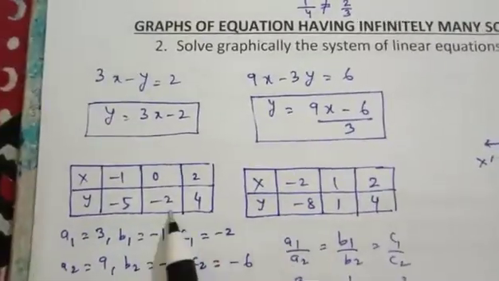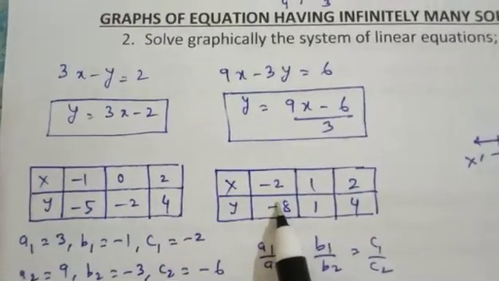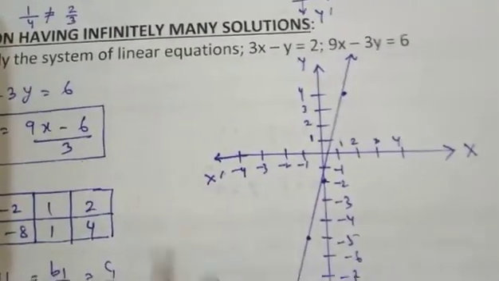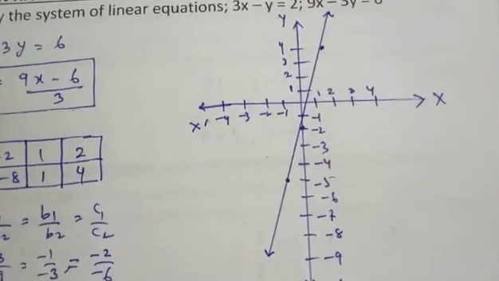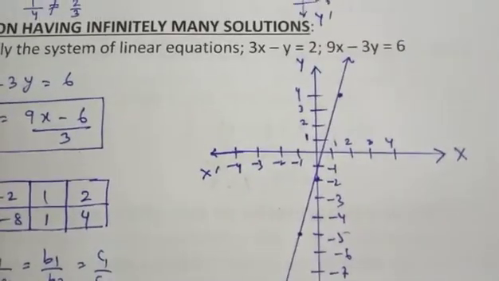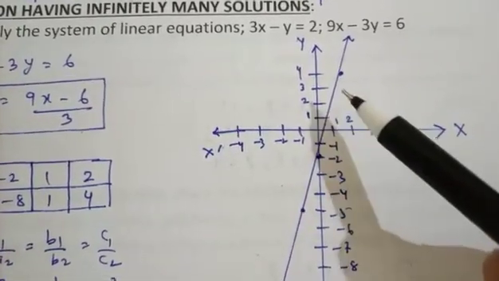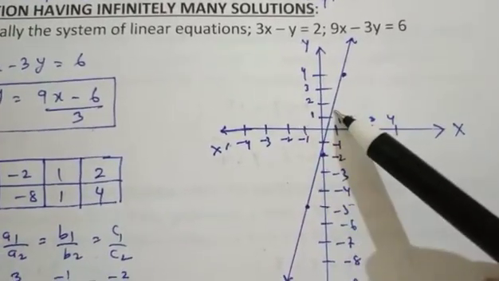Now once both the tables are ready, we are going to plot the graph, and the graph of this pair of equations will come as a single one, that is, they will both coincide with each other, and that is the case of infinite solutions.